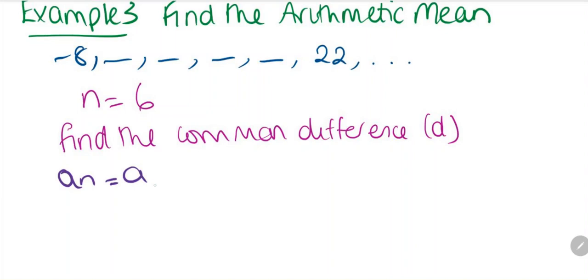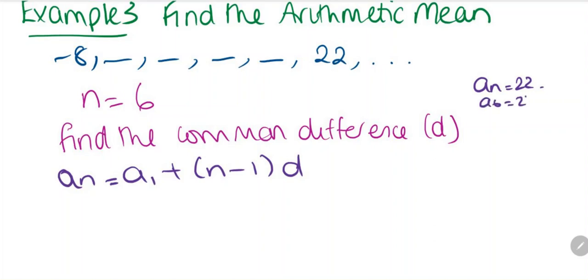So we're going to put our formula. So a_n is a1 plus n minus 1 times d. So a_n, this is going to be our last term, so we can put here a_n, so this is 22. So the sixth term, a_6 is 22.